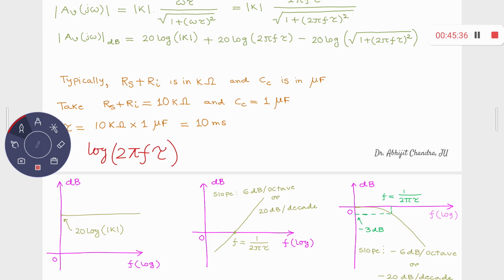Now there are some notations for this. Suppose your frequency is, let it be, say 100 hertz.